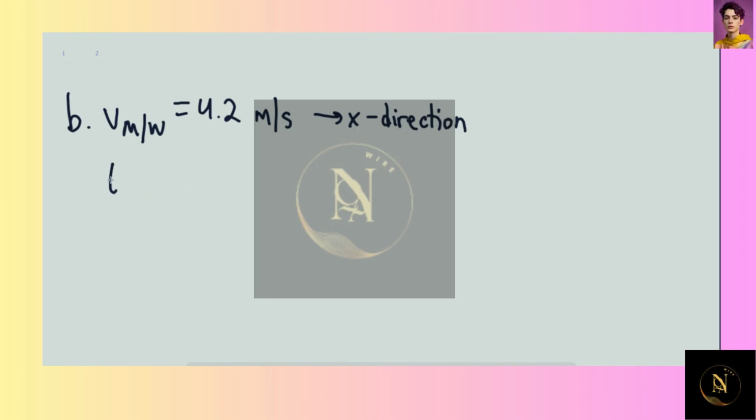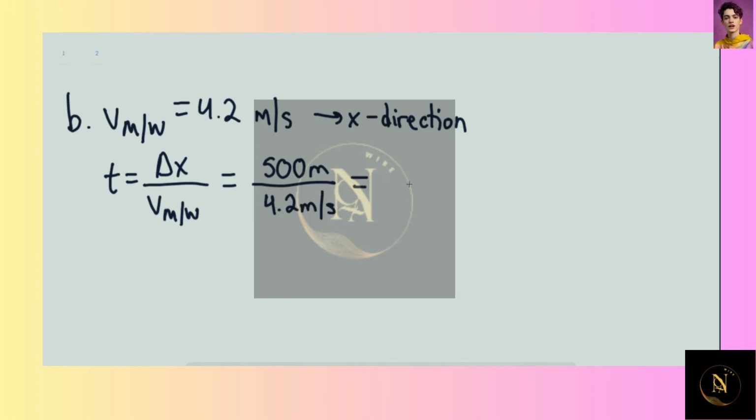And so the time taken would simply be delta x divided by the velocity of the man relative to the water. And so this would be 500 meters divided by 4.2 meters per second. So it's taking him 119 seconds to cross the river. So that'd be your answer for part B.